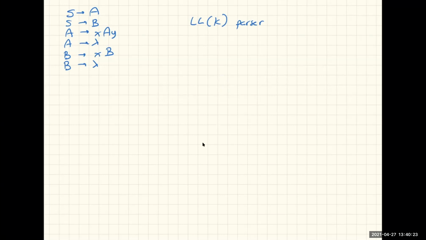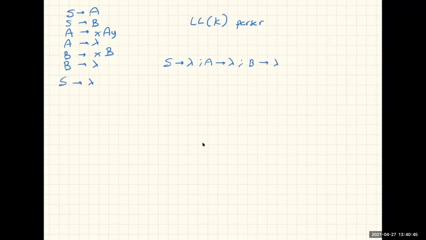S goes to lambda. Oh, yes, I added that before because it was combined, right? It said something like this and this in the poll. And in the previous screen, we said that we can add that as well.